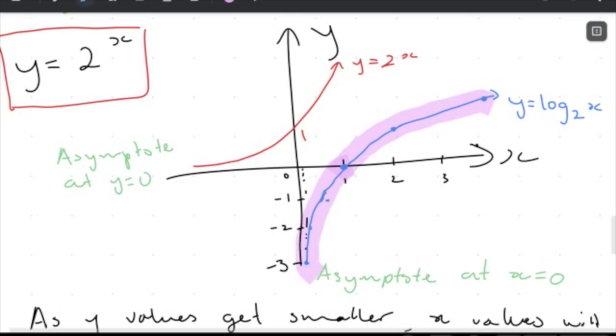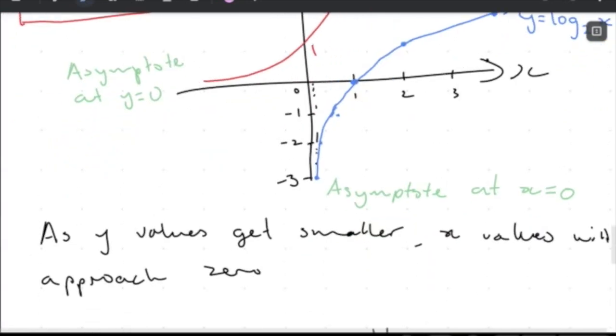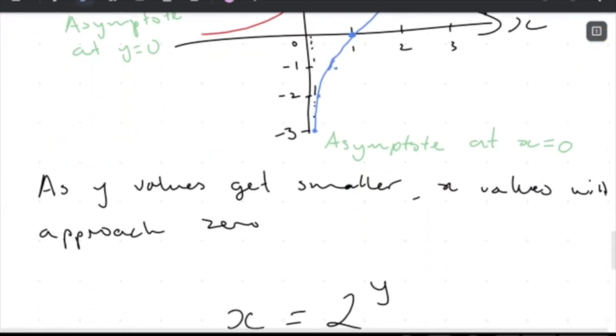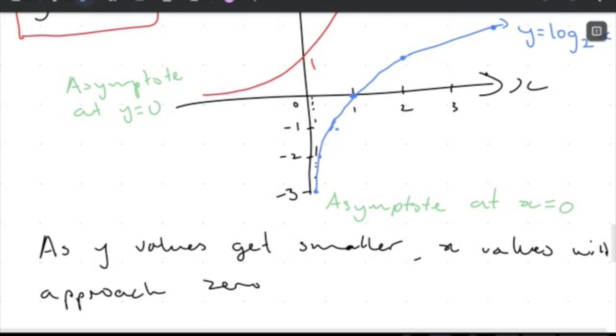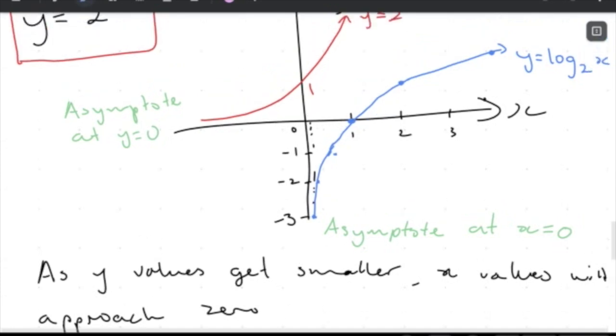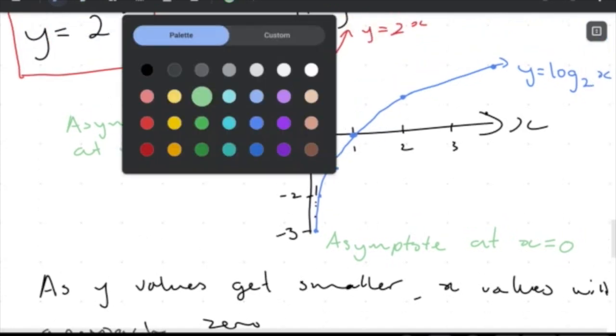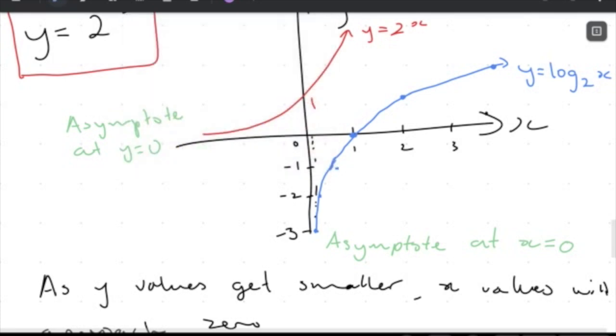So we can see a kind of opposite relationship between these graphs. Another thing we notice is that there is an x-intercept at 1. So for my exponential graph, I had a y-intercept of 1. Here I have an x-intercept of 1.